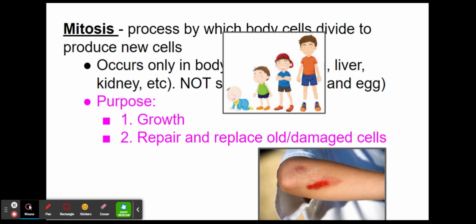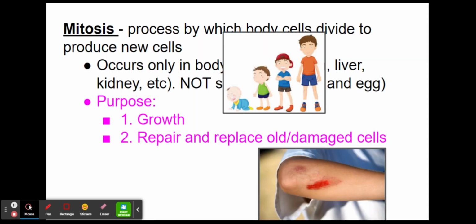Well, they came from your other skin cells in the area dividing to produce new ones. When you take a sip of hot chocolate and it burns your mouth because it's too hot, or pizza. Oh, pizza's the worst, right? It burns your mouth. Your mouth and tongue don't stay burned forever because your body makes new cells to replace them. So to repair and replace old or damaged cells.